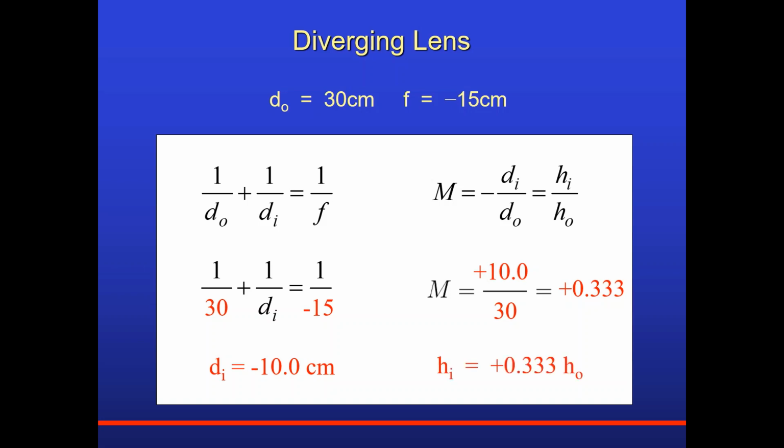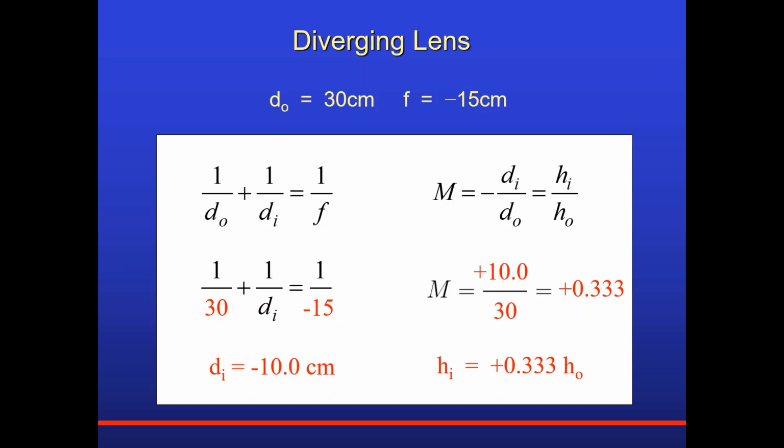Therefore, hi is equal to plus 0.333 ho. The plus sign means this is non-inverted. Hi and ho have the same orientation. The 0.333 means, for this case, hi is about 1/3 the size of ho.